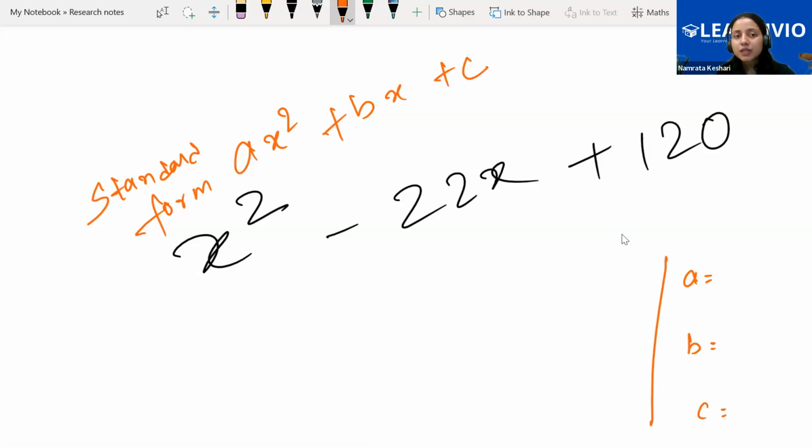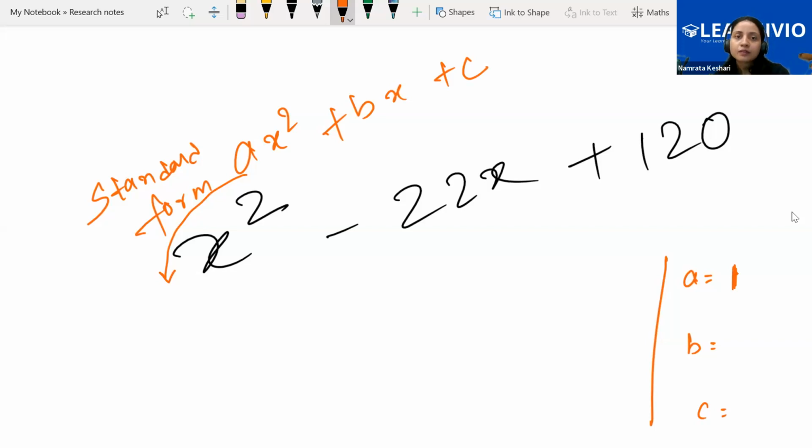The coefficient of x square is a, the coefficient of x is b, and the constant term is c. Whatever is in front of x square, multiplied with x square, that is a. Can we say a is 1? Yes, ma'am.